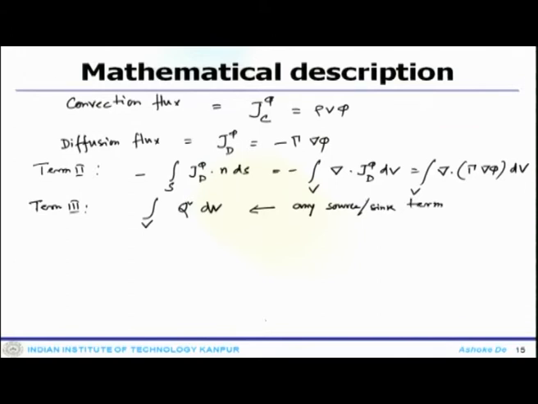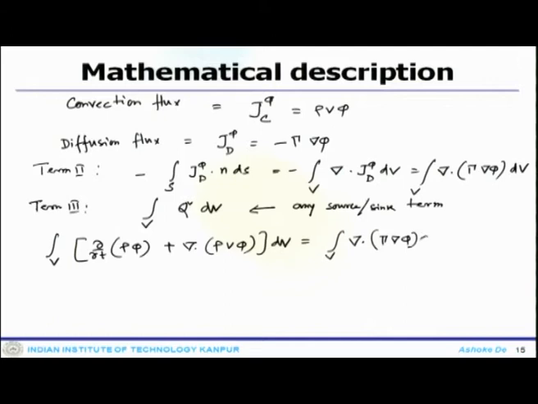So if I put this together, then my system will become the integral of del t of rho phi plus del dot rho V phi dV equals del dot gamma del phi dV plus the source term.